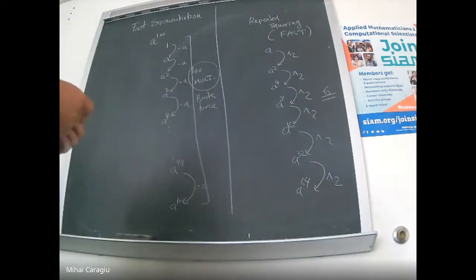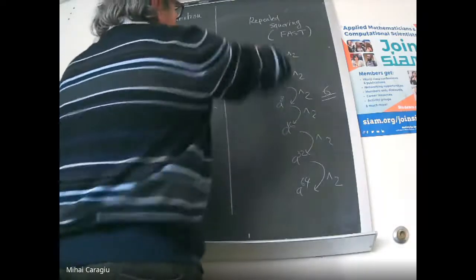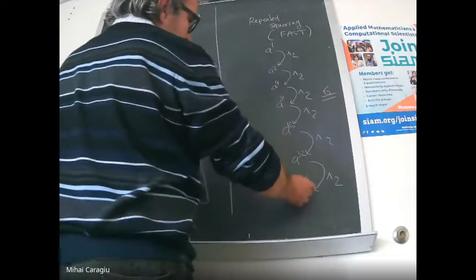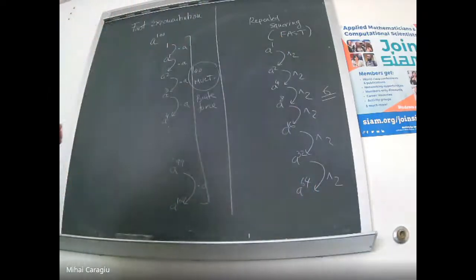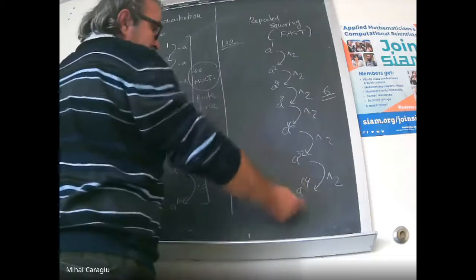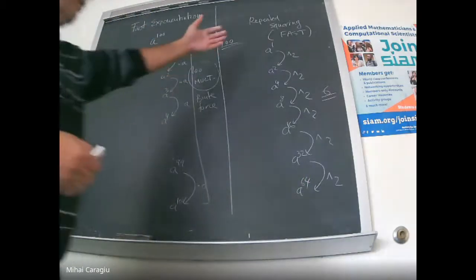Let's try to combine those exponents, which are powers of 2, from 2 to the power 0 to 2 to the power 6, to get 100. We can think about a greedy algorithm. Out of those exponents, grab the biggest power of 2 you can.